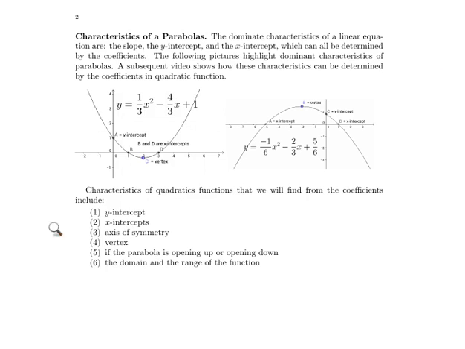In the next video, we'll look at ways to find, knowing the coefficients in a quadratic function, the x-intercepts, the y-intercept, the axis of symmetry. Remember, that's that vertical line that goes through the vertex. The vertex itself, if the parabola is opening up or if it's opening down, and be able to know something about the domain and the range.